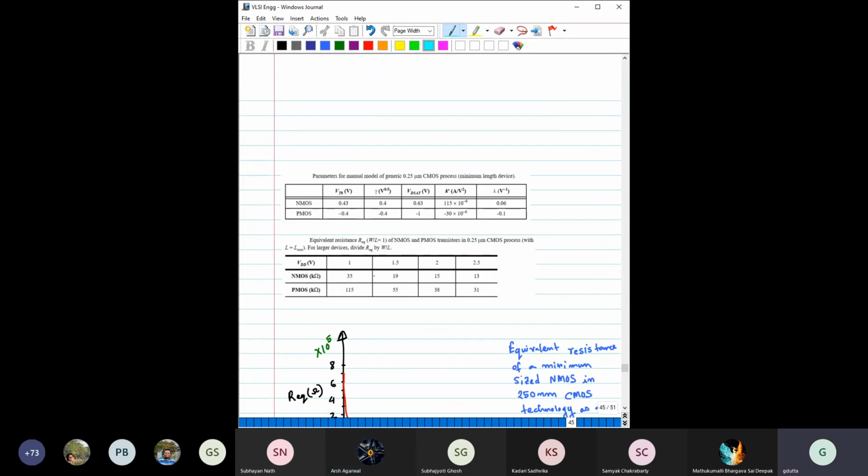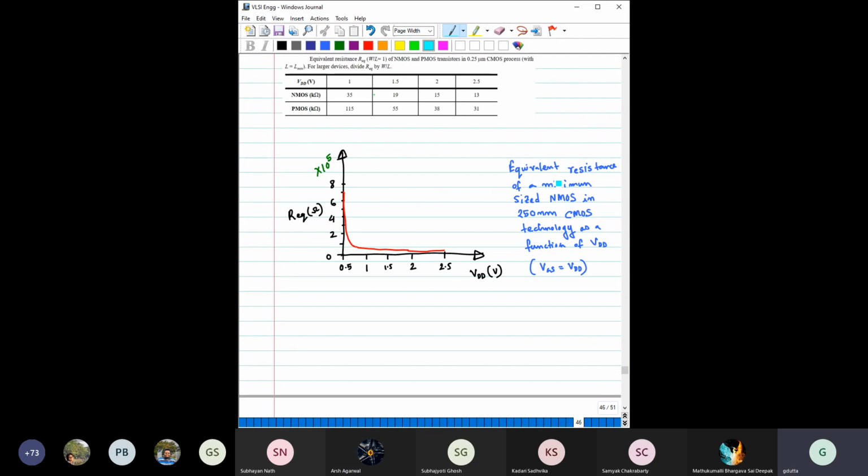If you actually plot this from simulation, you will see it basically comes something like this. So if you plot R equivalent, say here we have plotted for NMOS, it would come like this. When VDD is close to the threshold voltage of the transistor, there would be a sharp increase.